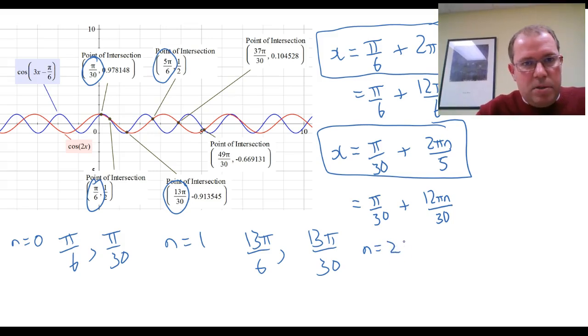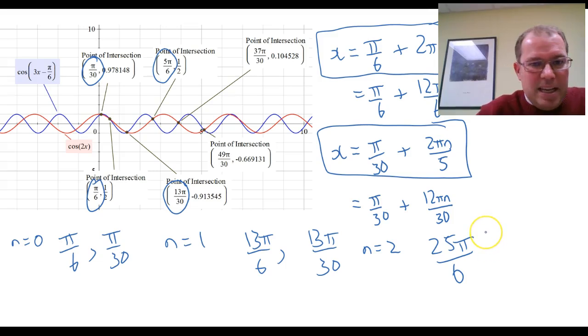If I put n equals 2 into my first formula, I get pi over 6 plus 24 pi over 6, that's 25 pi over 6. Is that on my graph? No, that's obviously to the right. Let's put n equals 2 in the second one. I think this is going to be the Bob's your uncle moment.